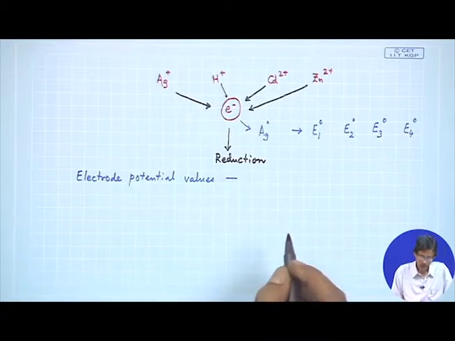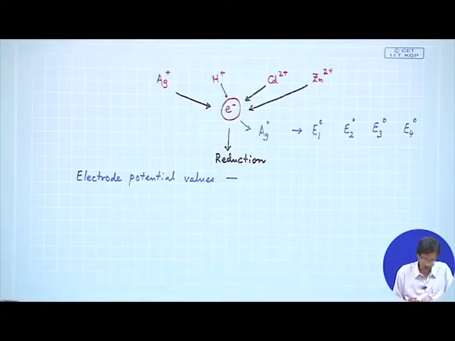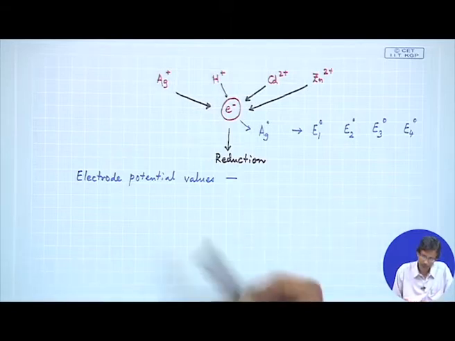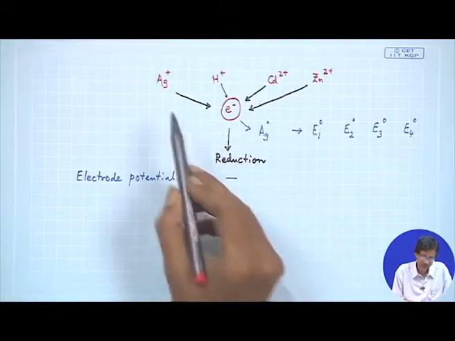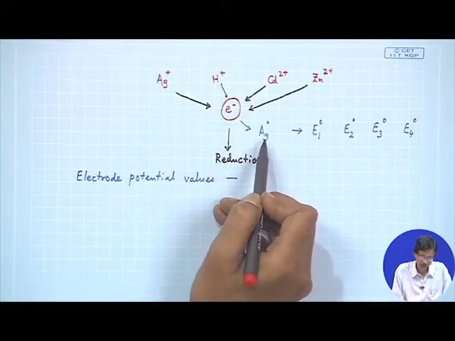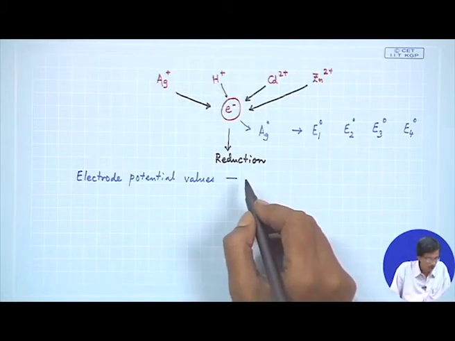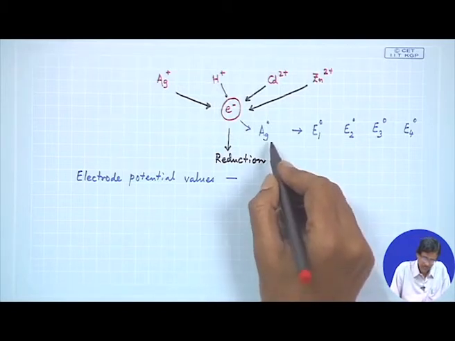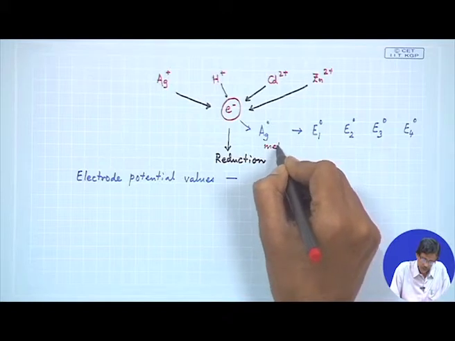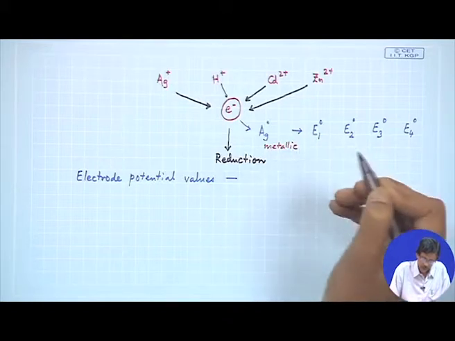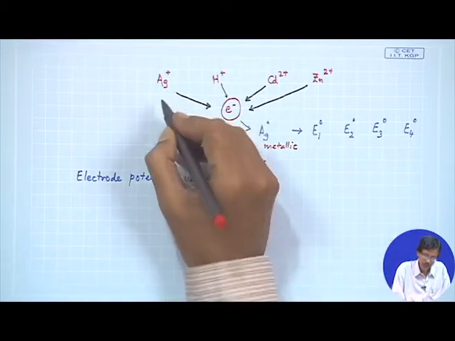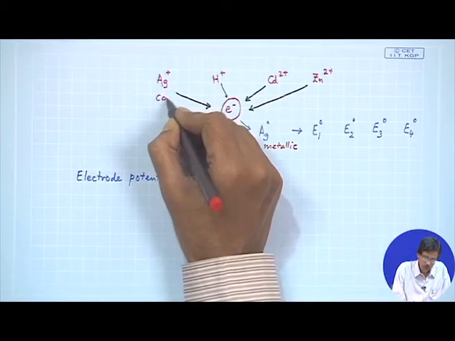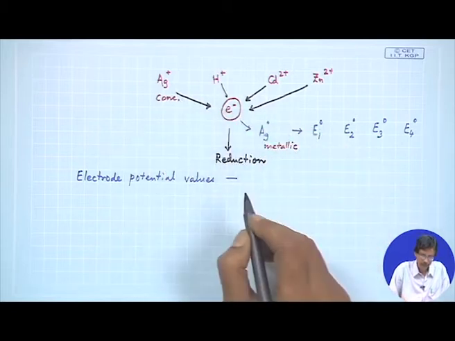If we want to compare those electrode potential values, taking the very simple one from the very beginning as the reference, the silver ion is reducing to silver 0. Depending upon this, this is the corresponding metallic species. We cannot talk in terms of activity or concentration, but we should know the corresponding concentrations.